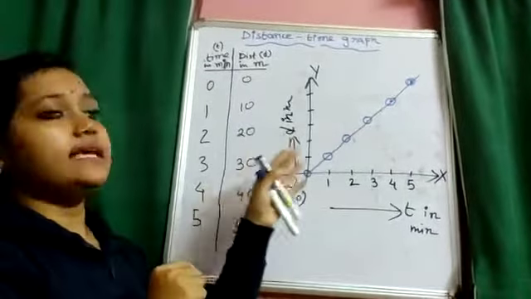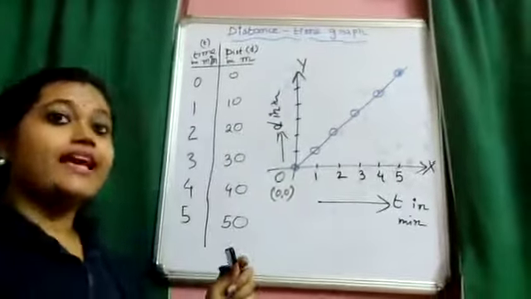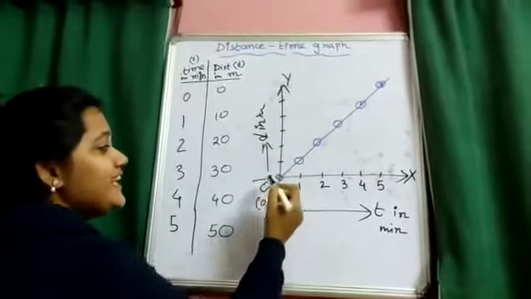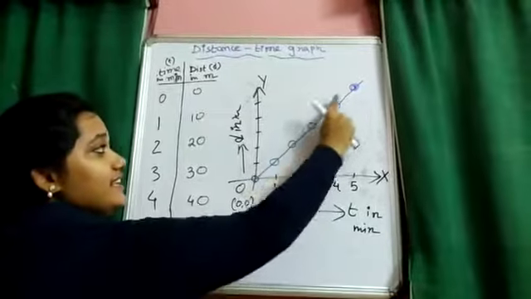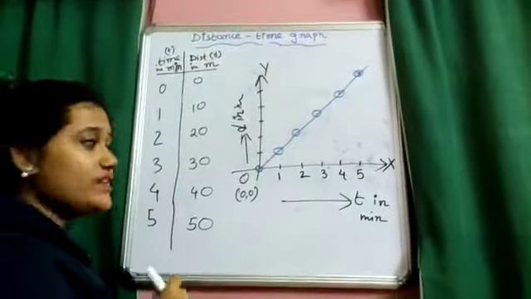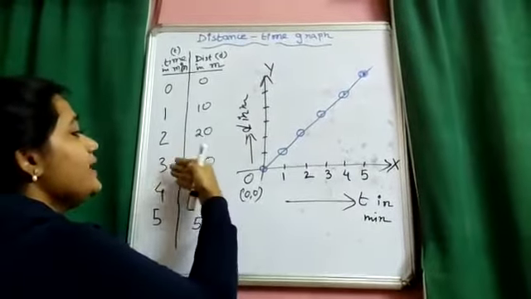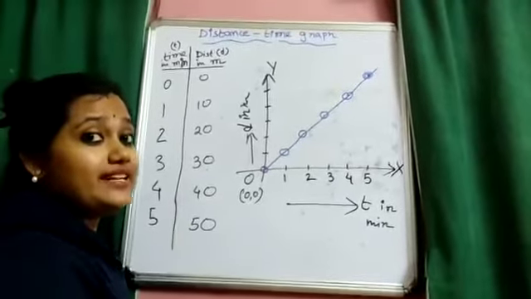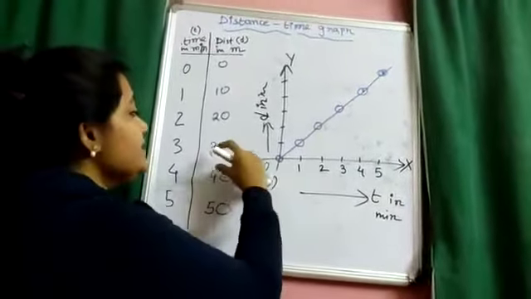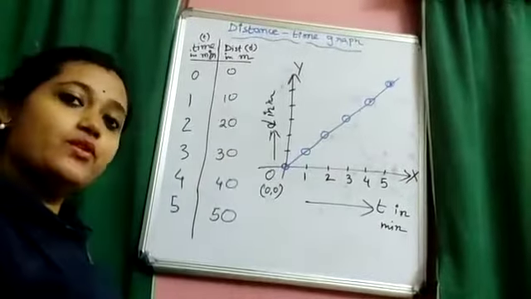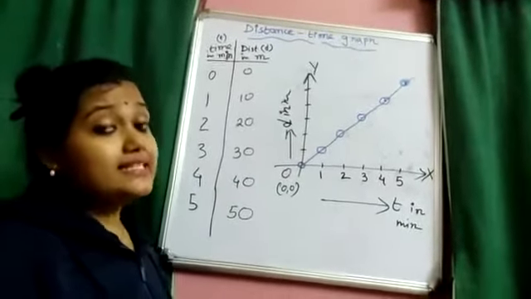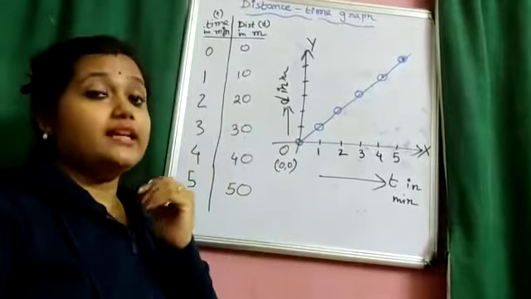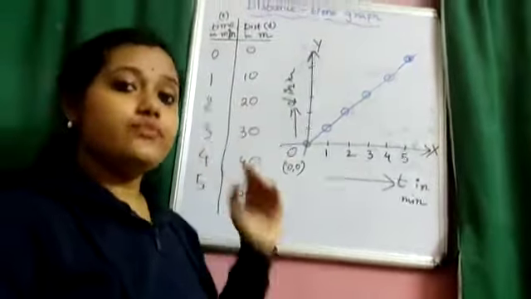Body is in motion. Okay, and now you need to think about this line: you can see that in equal time intervals, equal distances are covered. That is, the body is in uniform motion. The body is in uniform motion.